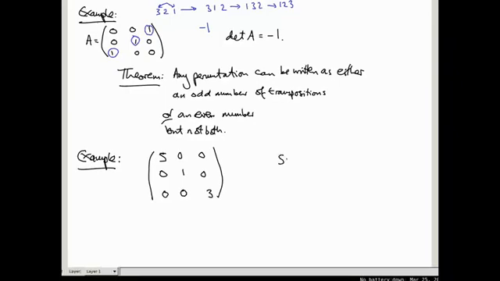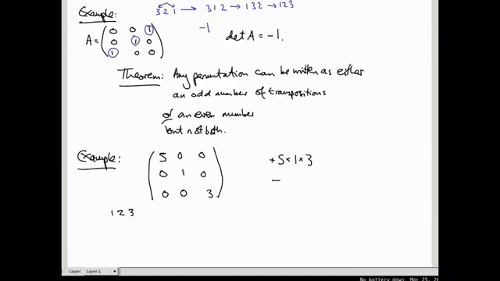So the only contribution we get is 5 times 1 times 3, and that comes with a plus sign because it corresponds to the permutation 1, 2, 3, because we're picking something in column 1, column 2 and then column 3, and you don't have to do any flips to get back to 1, 2, 3.